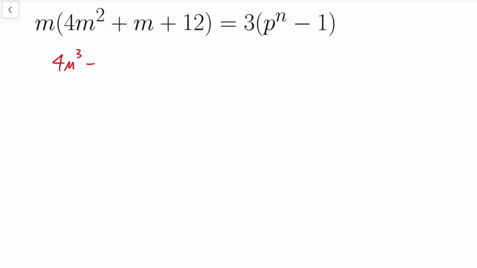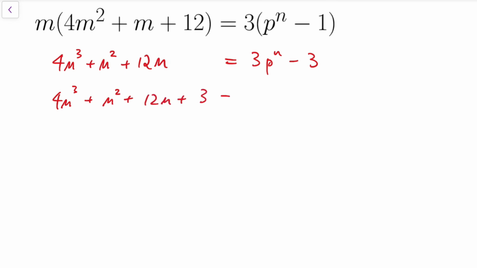My first step would be to expand both sides, so we have 4m cubed plus m squared plus 12m equals 3 times p to the power of n minus 3. Then I'm going to move the minus 3 to the left, so we have this equation.